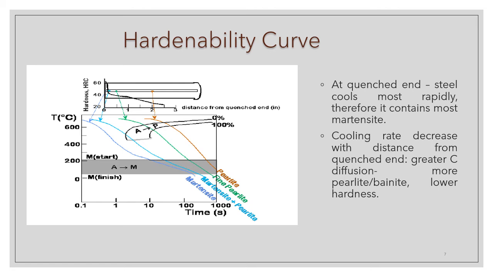So this part is the part before it reaches the water jet, and then it drops after it reaches the water jet. So the cooling rate will decrease with the distance from the quench end, and greater carbon diffusion resulted in more formation of pearlite and bainite, which resulted in lower hardness.